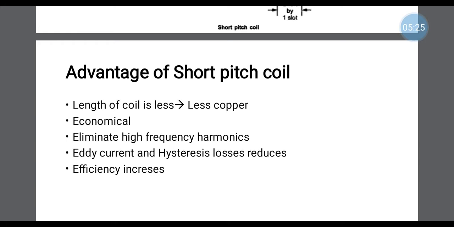And as the high frequency harmonics are eliminated when I use the short pitch, the eddy current and hysteresis losses, which depend on the frequency, can also be reduced here. So overall the losses are less, and the efficiency can be improved.